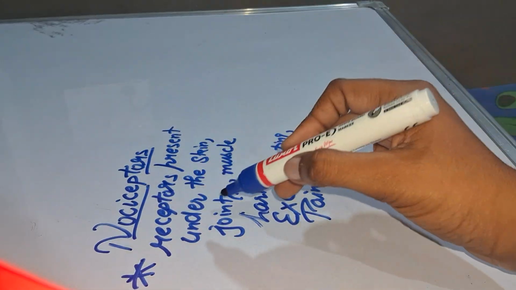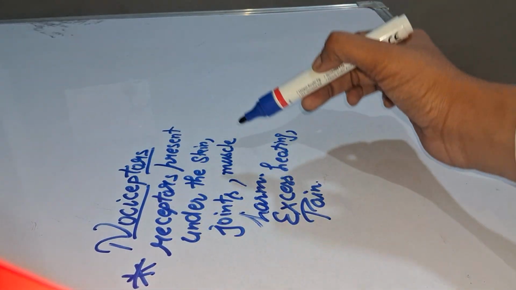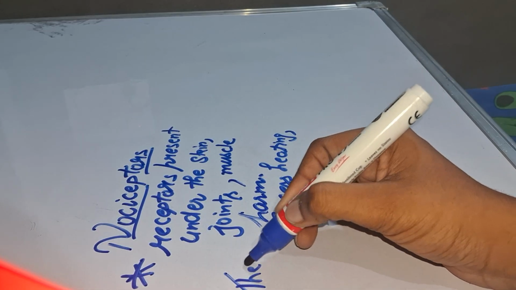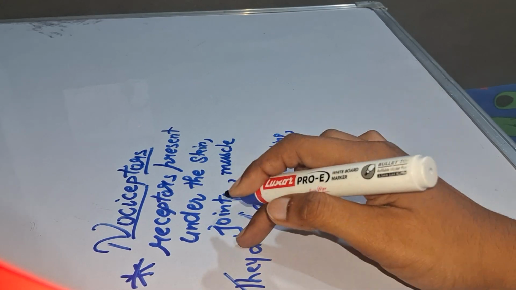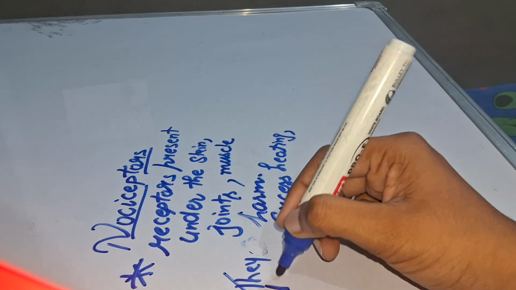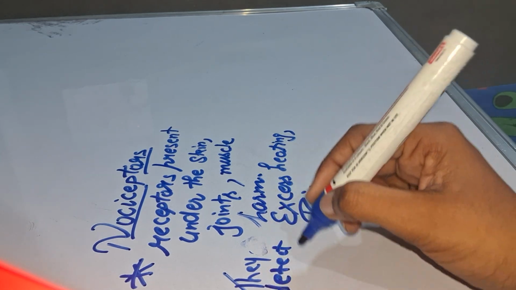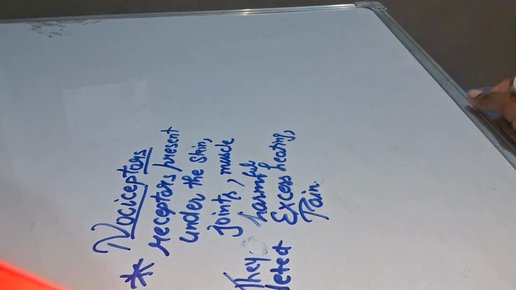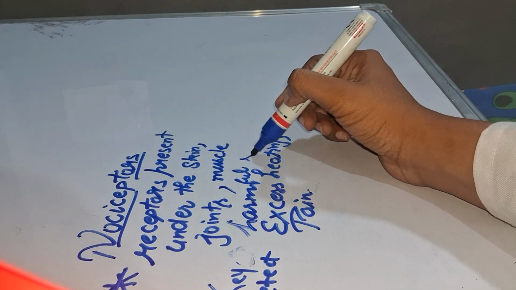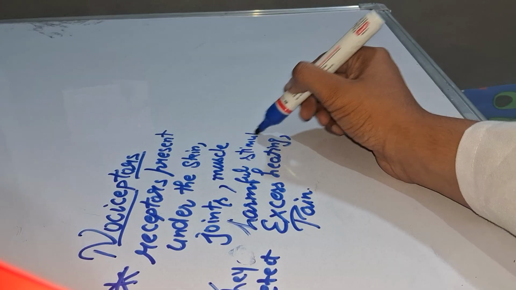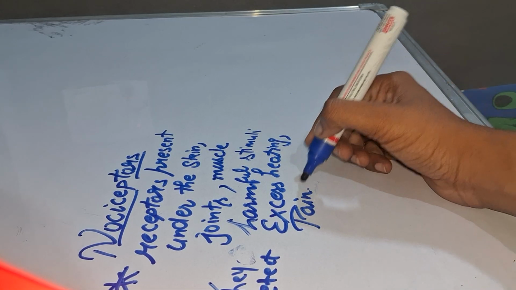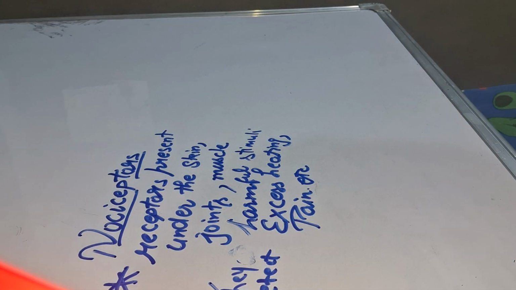Nociceptors are the receptors present under the skin, joints, or muscles. They detect harmful stimuli like excess of heating or pain, etc. Okay.